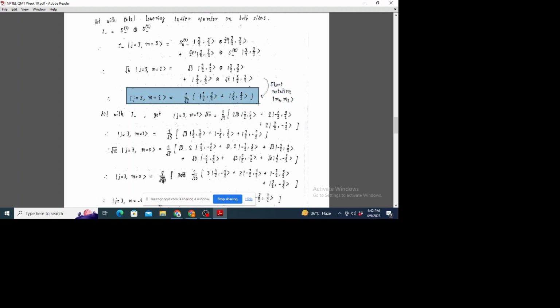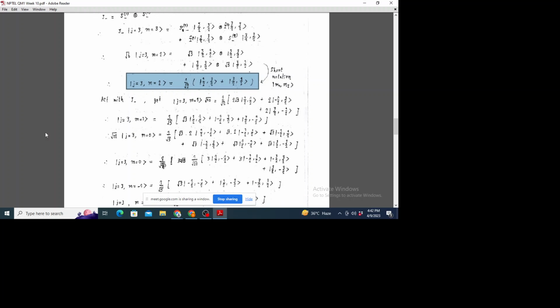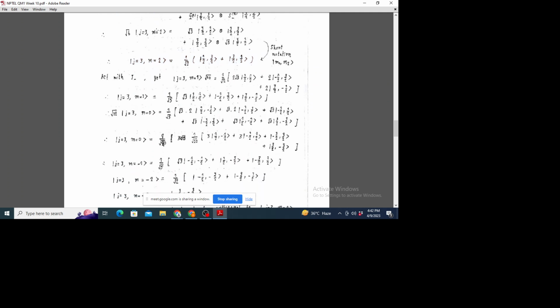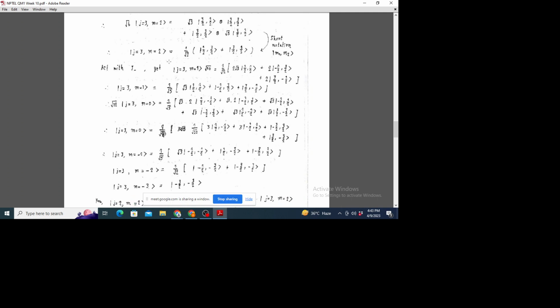Okay. Now you just have to keep acting with J minus on the left hand side and with this direct sum on the right hand side. Every time you will have to keep track of the front factor that arises when you act with these lowering ladder operators.